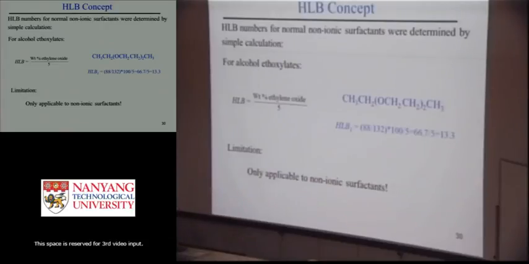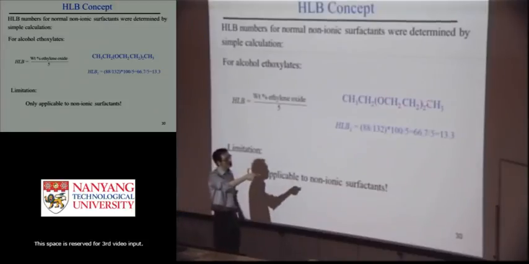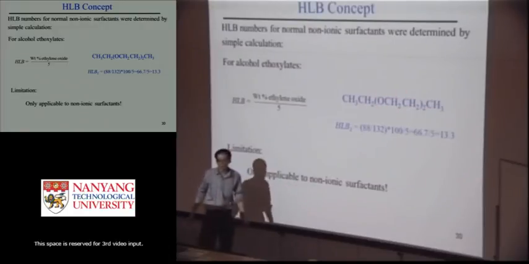The way to calculate the HLB value of this surfactant is simply by calculating the weight percentage of the hydrophilic component. What is the hydrophilic component in this system? Actually, it's those parts containing oxygen. This ethoxy group, here with 2 repeating units, is a hydrophilic component.